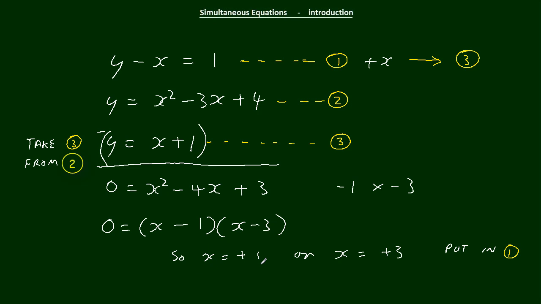And so when x equals 1, y minus 1 equals 1, so y must be 2. Or when x equals 3, look at this, y minus 3 equals 1, so y must be 4.